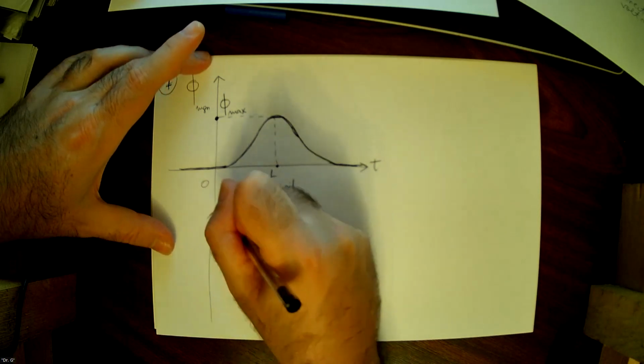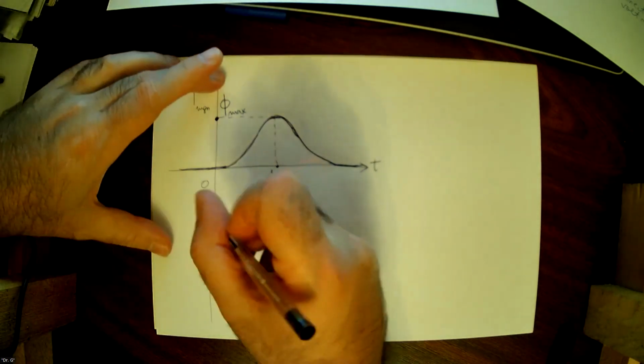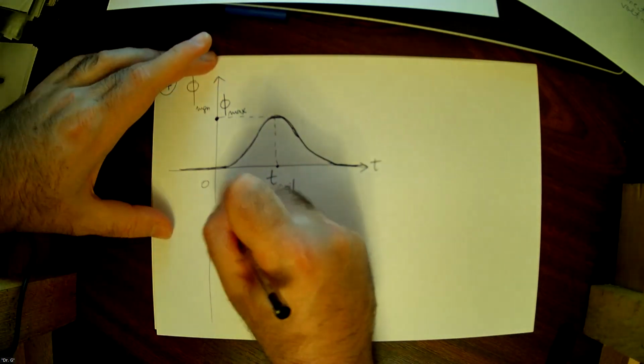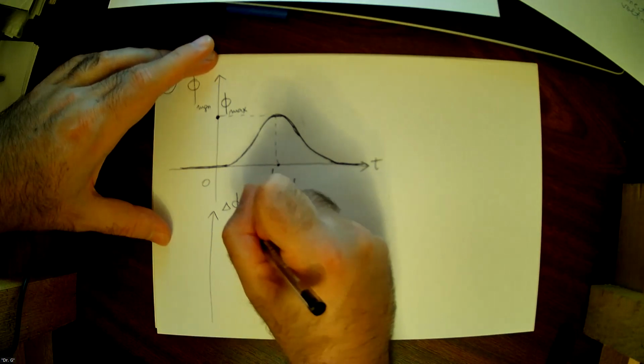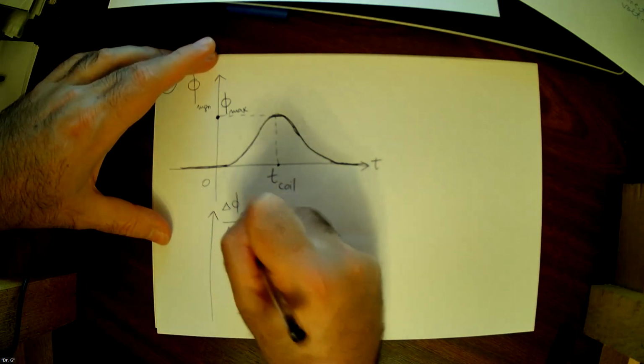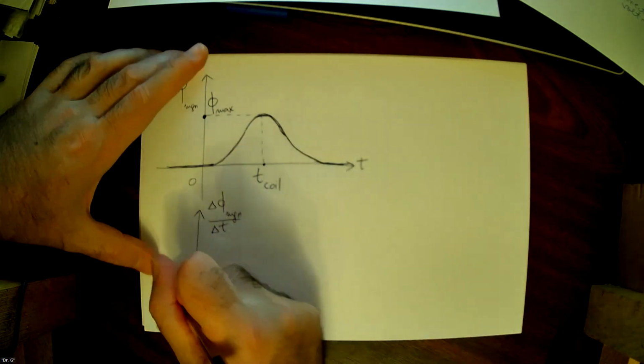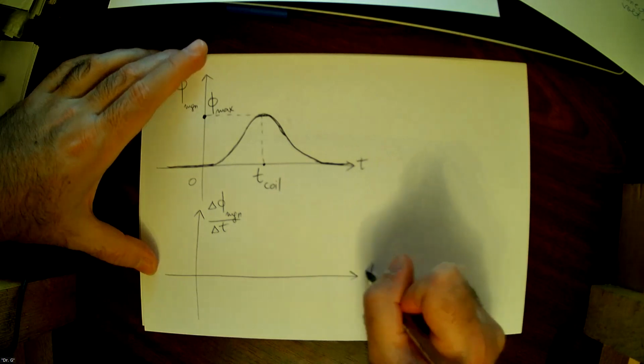And if I represent the derivative, the variation of the magnetic flux over time, as a function of time.